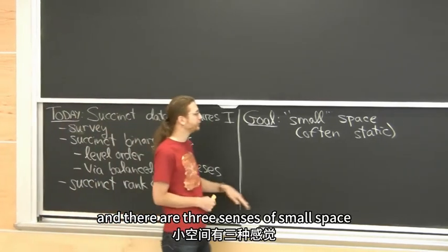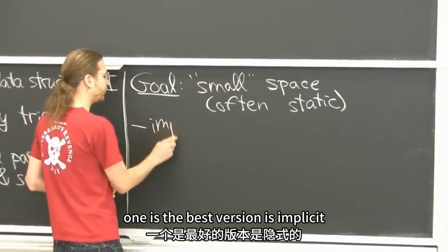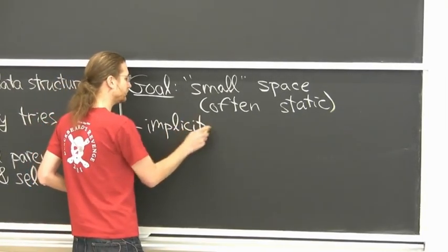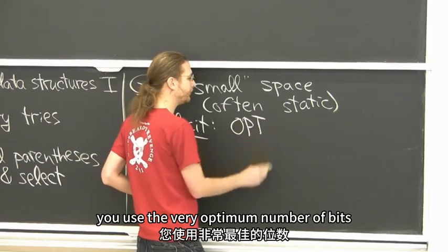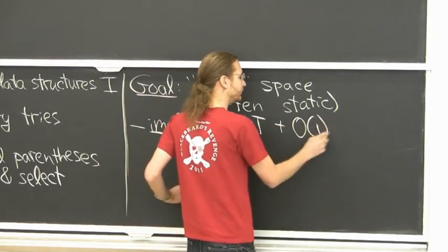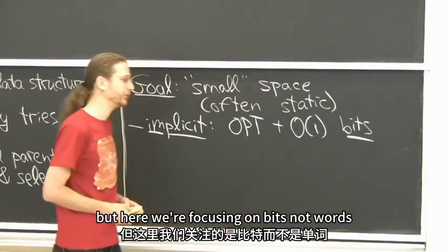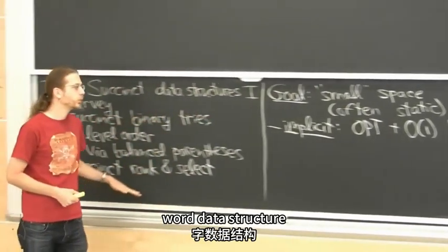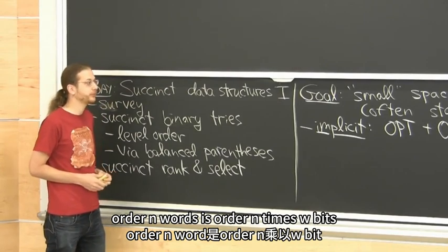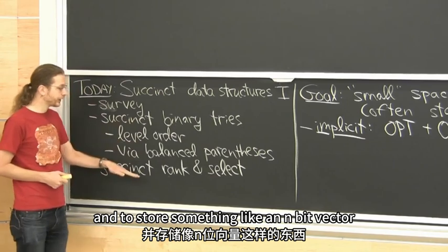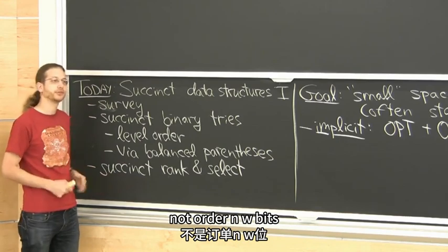And there are 3 senses of small space that we'll be going for. One is, the best version is implicit. An implicit data structure means you use the very optimum number of bits plus a constant. But here we're focusing on bits, not words. And if you translate a linear word data structure, order n words is order n times w bits. And to store something like an n-bit vector, you should really only use order n bits, not order n w bits.